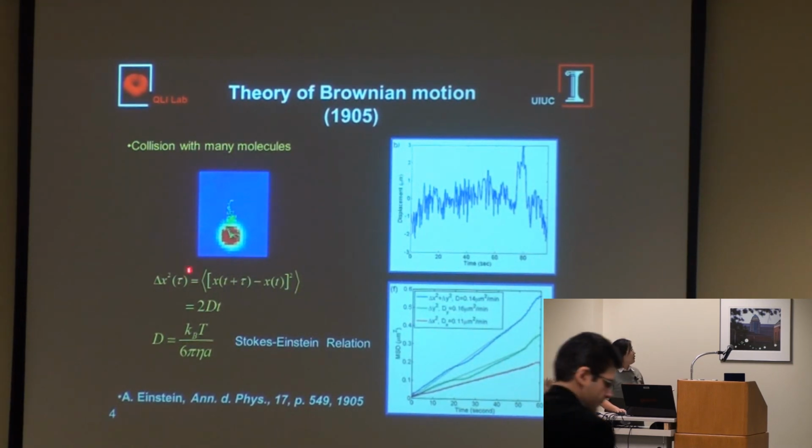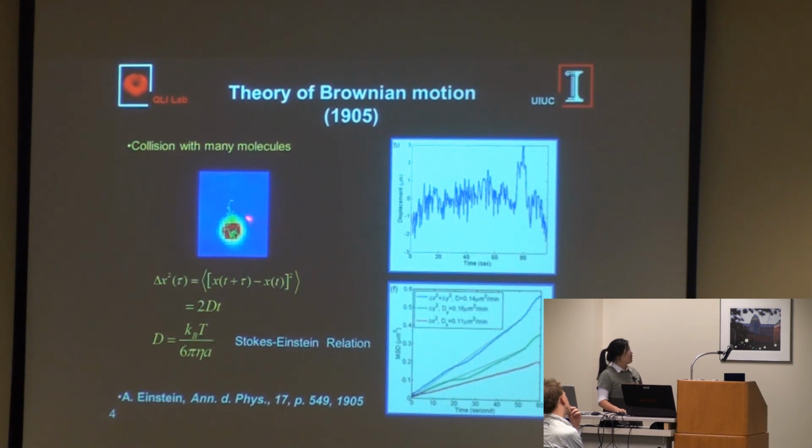By tracking the trajectories of these particles, we can calculate the mean square displacement. And if we plot the mean square displacement versus the delay time, from the slope we can get the diffusion coefficient, which is associated with the viscosity of the medium and the particle size.